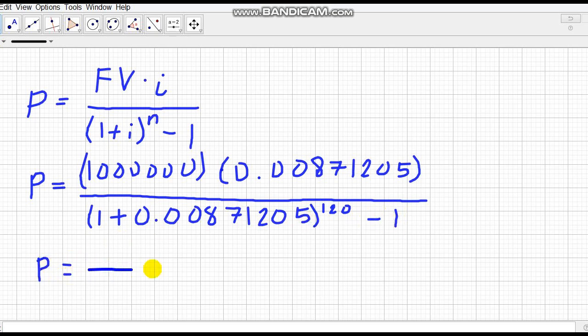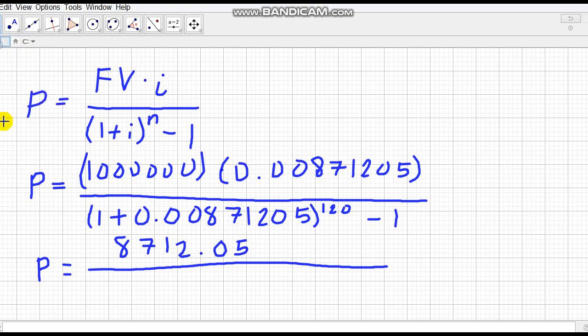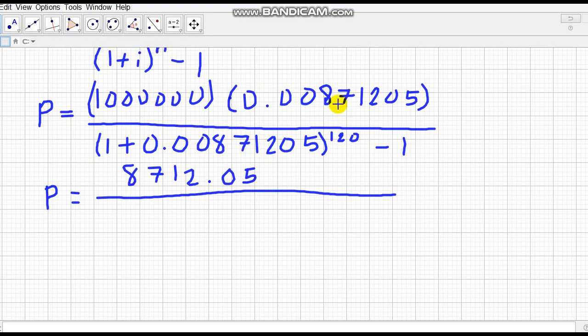Computing for all of that, starting from the numerator, our numerator will be 8,712.05, that's 1 million times this. For our denominator, we add it first, then raise to 120, then subtract by 1. We'll have 1.831816247.